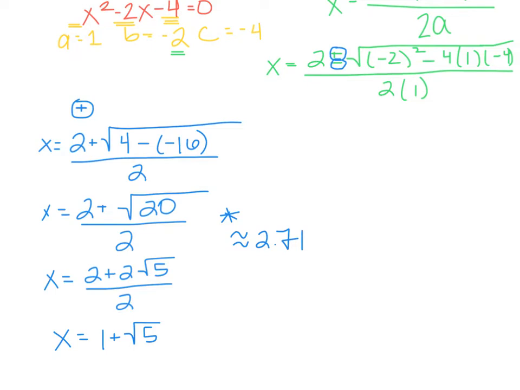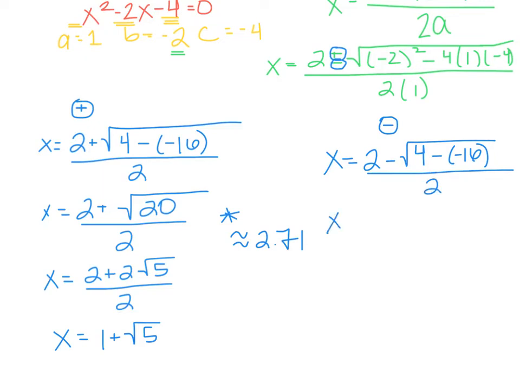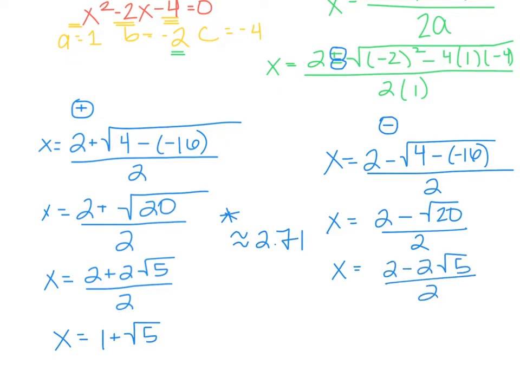Now I'm going to apply the minus. So when I subtract, I will have x equals 2 minus the square root of 4 minus negative 16 all over 2. That gives me 2 minus the square root of 20 over 2, or 2 minus 2 root 5 over 2.